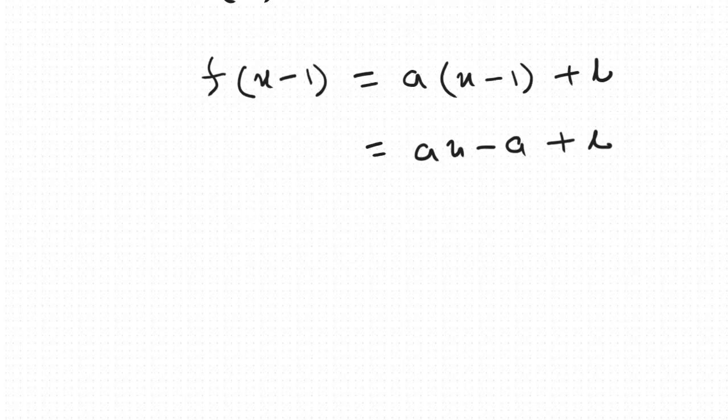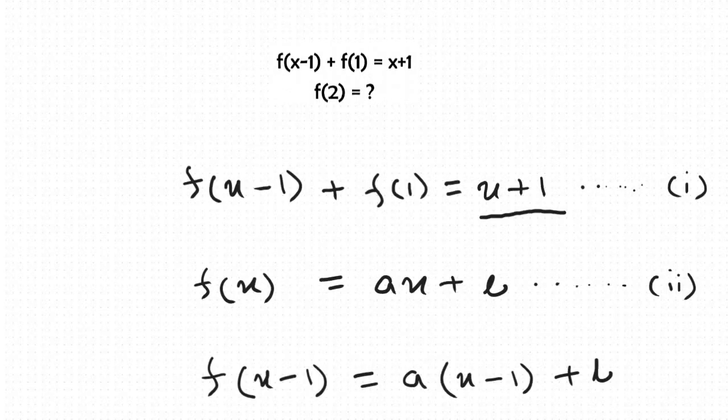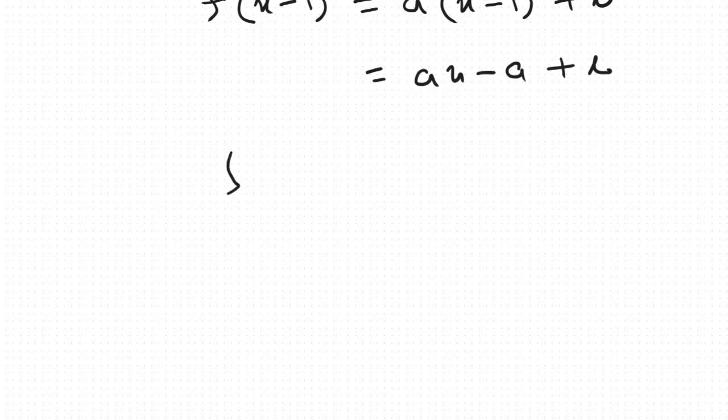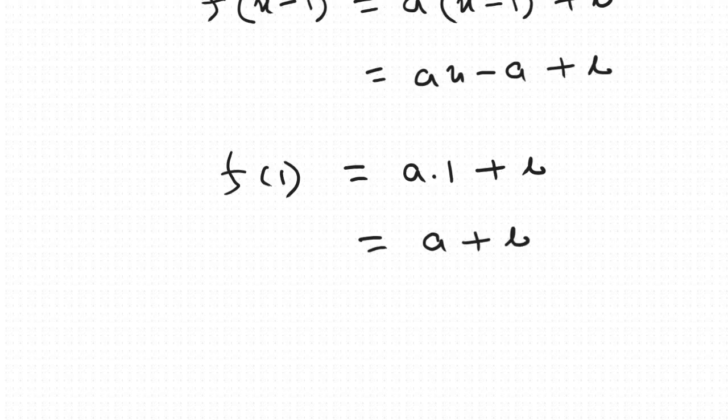Again, we need to get the value of f(1). So we get f(1) equals a times 1 plus b, which gives us a + b.